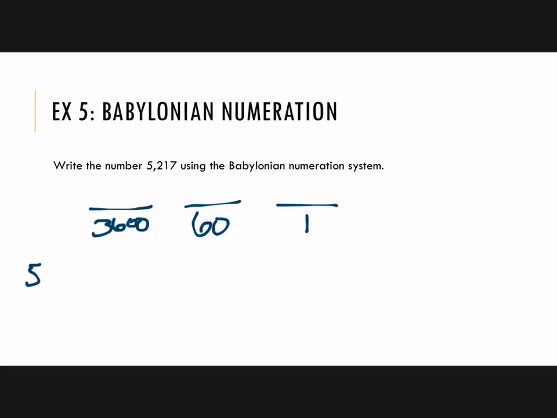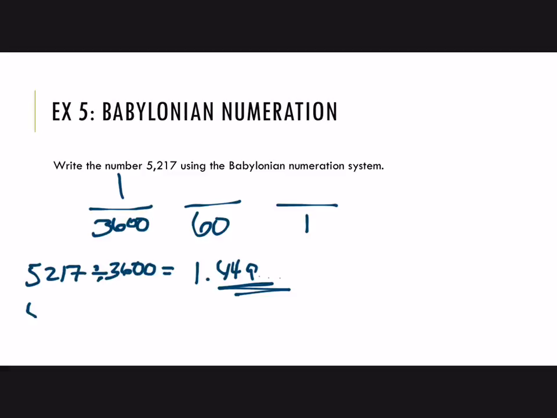So first of all, 5,217 divided by 3,600. Using a calculator, that's 1.449 etc. We're interested in the whole number part. We have enough to make one group of 3,600, and then this decimal part represents what's left over.